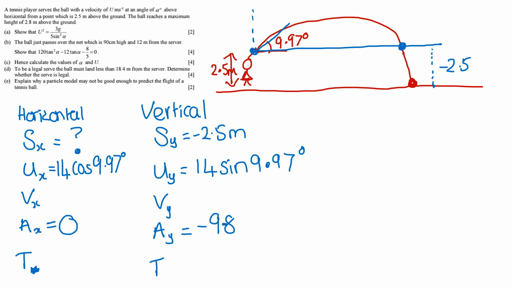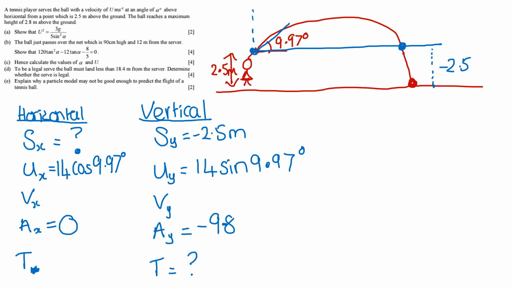But looking over here, we know 3 of the vertical ones. So we're going to have to use a vertical equation to get me something over here so I can work out the S. Now what's common to both is the time. So can we think of a SUVAT equation where I can get the time here and then put that in that one?